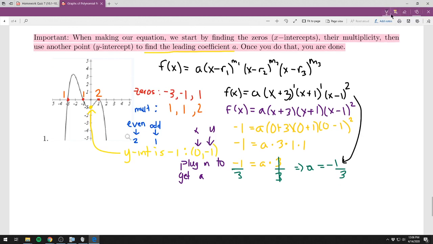I'll write it below. It makes more sense. Got f of x, our final answer, is negative 1/3 times x plus 3 times x plus 1 times x minus 1 squared.